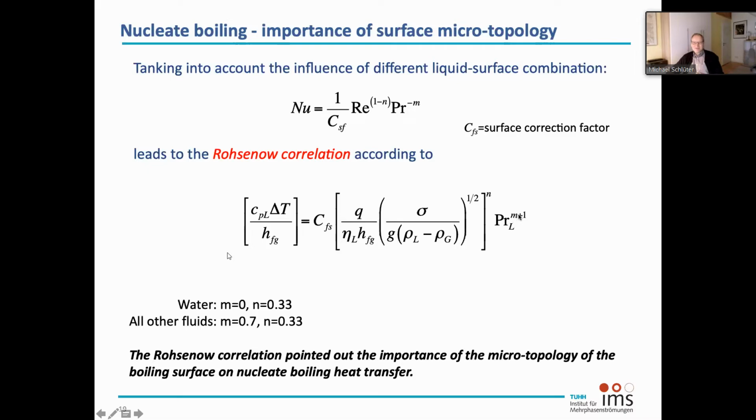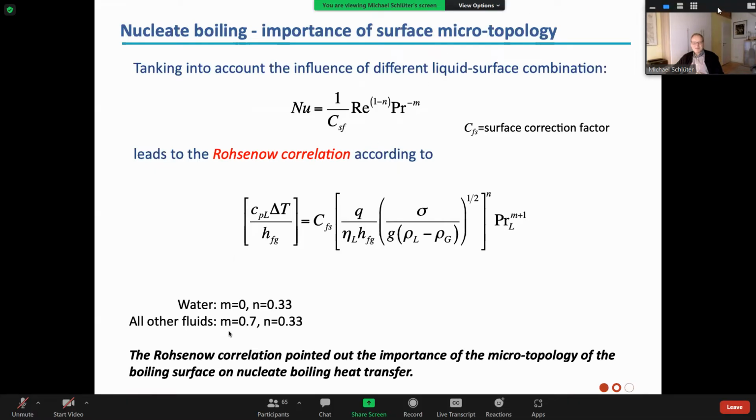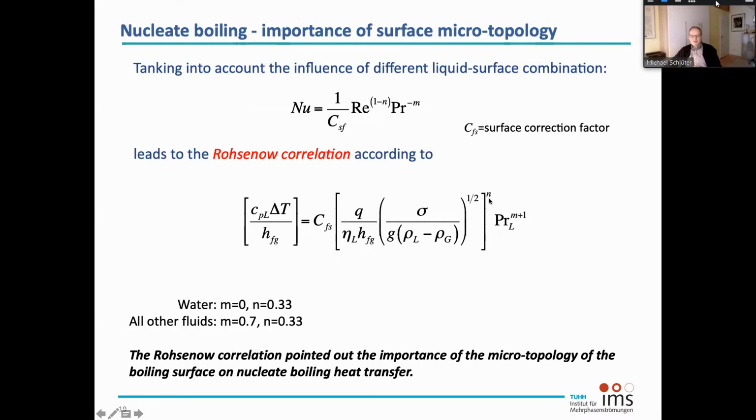Here we use m plus 1. Don't ask me why, because the reason is that we can use then these parameters here for water. M is 0, so we have just the simple Prandtl number for water here. For other fluids, the Prandtl number has to be adapted due to the different material properties. Then m is 0.7. And n in both cases here is 0.33.